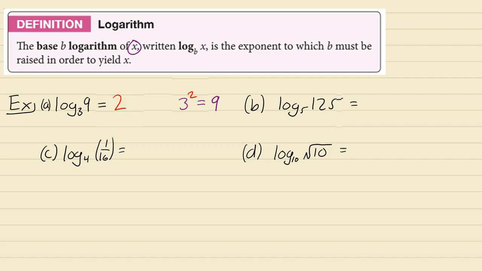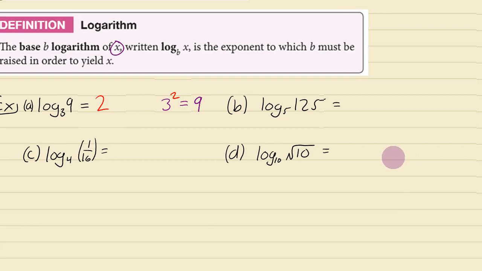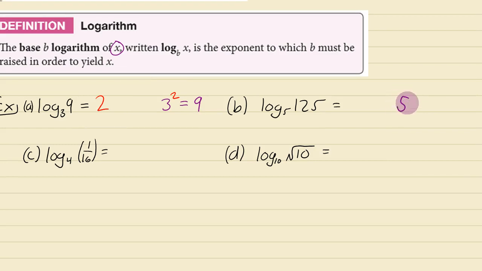Same idea with part B: the log base 5 of 125 is the power that you have to raise 5 to get 125 as a result. Well, 5 to the power 3 is 125, so that means the result of the logarithm is 3.